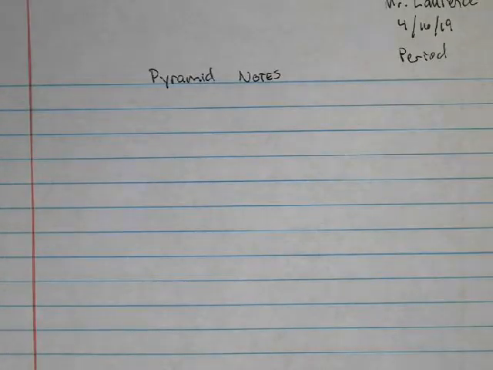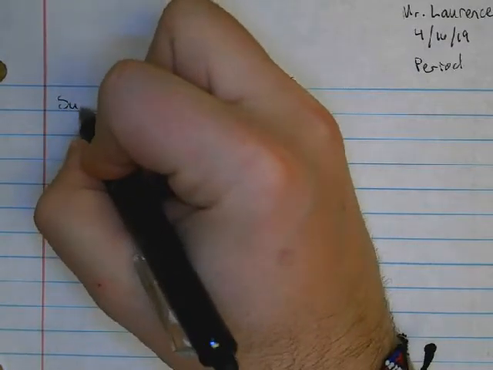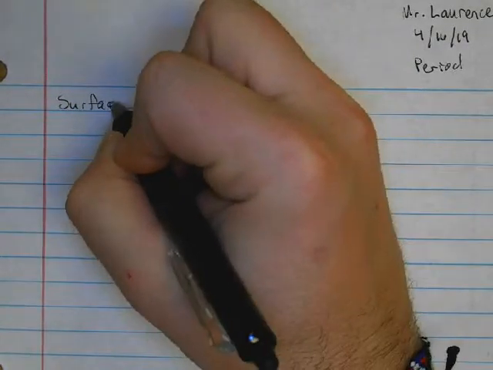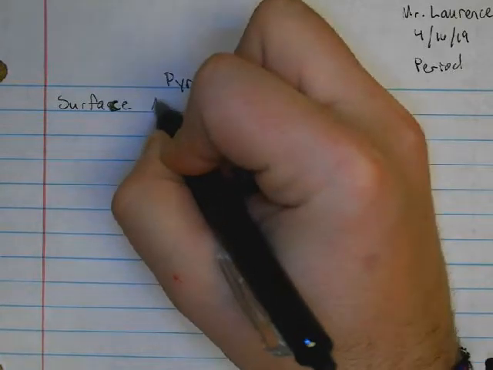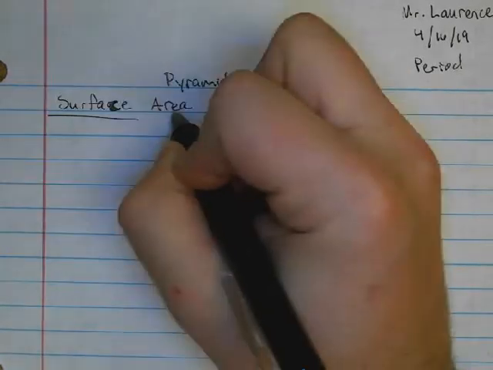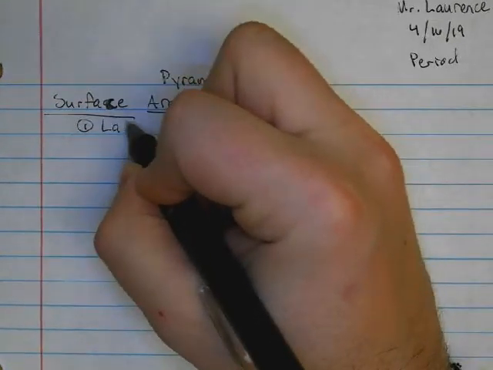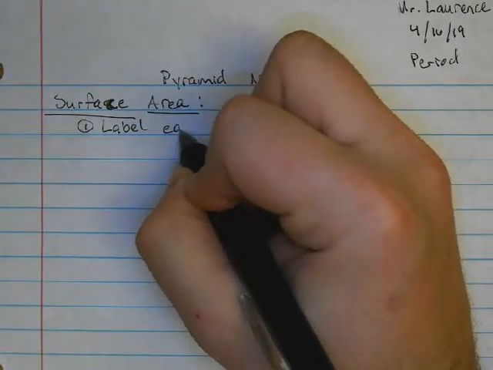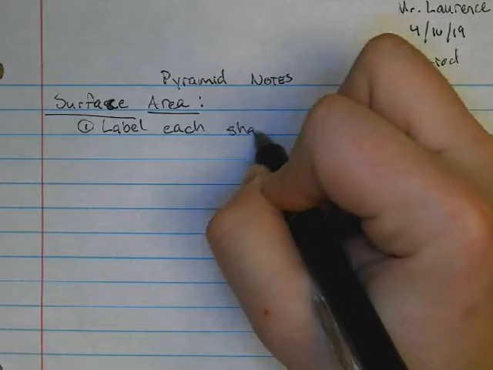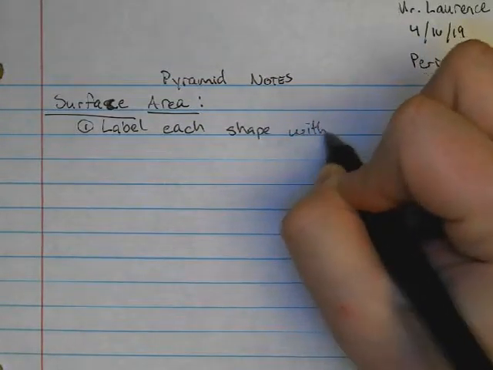Okay, so our first step will be to label each side. So we're going to label each side of our pyramid. So we're finding surface area, so let's give a title to this section. Surface area. And step one is label each shape with a number.